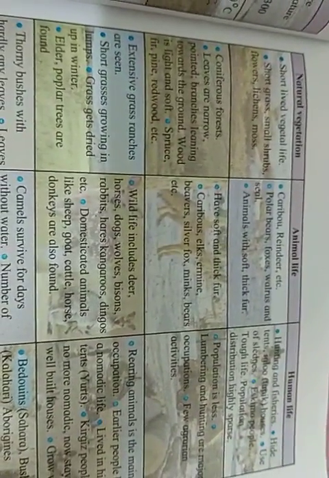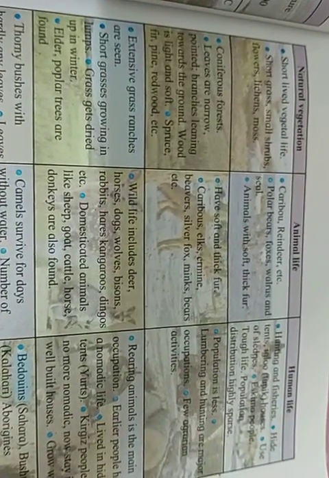Then human life: population is less, lumbering and hunting is more important here. These are the major occupations. In few areas they will go with agriculture also. That means agricultural activities are also practiced, but it is very less.